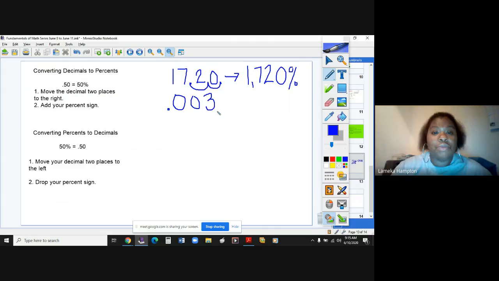So technically this would be called 3 thousandths. So again, I'm just going to move my decimal 2 places over to the right. 1, 2.